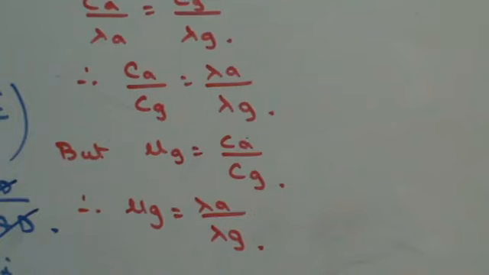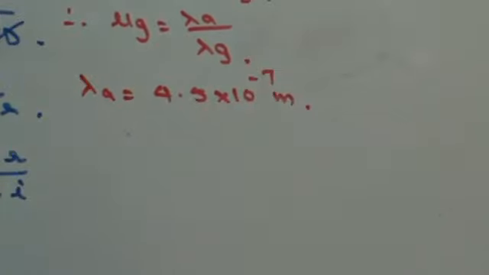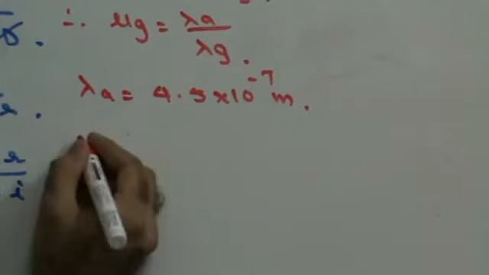You know the wavelength of blue light in air. The wavelength of blue light in air is given to you as 4.5 into 10 raised to minus 7 meters. So you should be able to get the wavelength of light in glass. Fine. And once you get the wavelength, you should also be able to get the frequency.